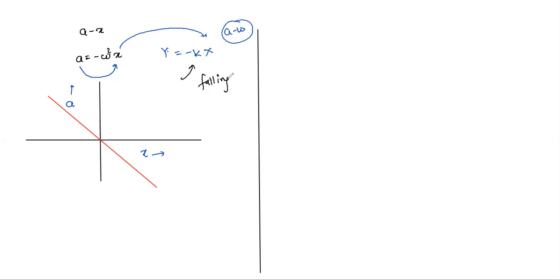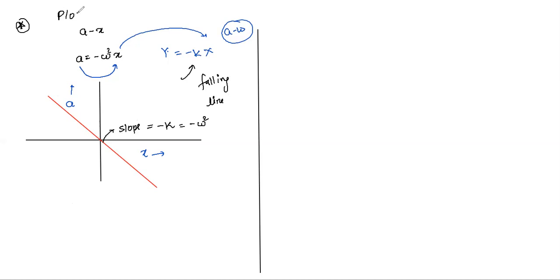Try recalling our lectures. The slope is negative and equal to minus k, and instead of minus k, I can write minus omega square.